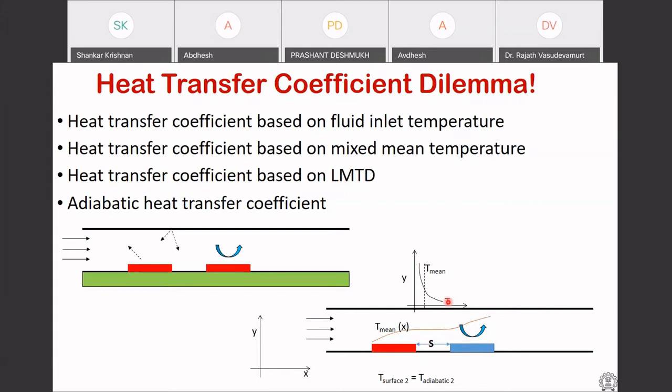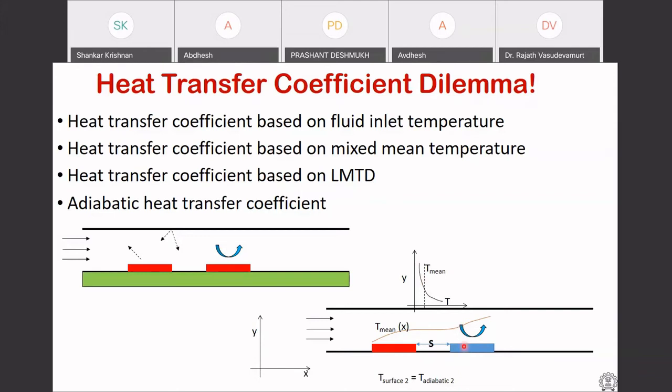So the adiabatic heat transfer coefficient is defined this way: if I have a first heat source and a subsequent heat source, but that heat source is turned off, then this airflow temperature will raise the temperature of this heat source above its initial or ambient temperature. When this is powered off, the temperature it attains, this is the solid temperature, it is not the fluid temperature.